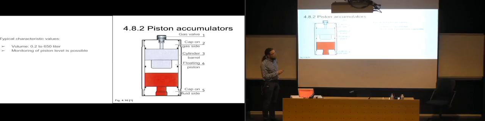You have the possibility of monitoring the piston level, so you can actually have a monitoring system outside the piston accumulator, which tells you the level of the piston, so that you can see how far up you have compressed the gas, or how little hydraulic fluid you have left in your accumulator.